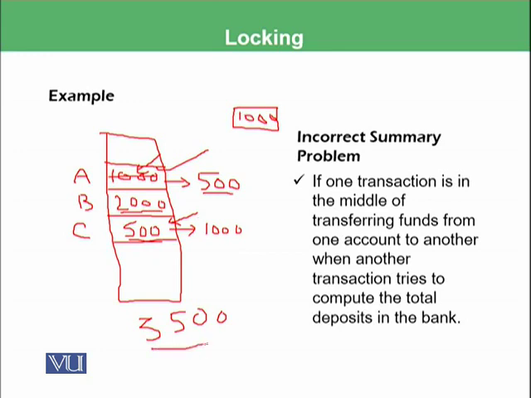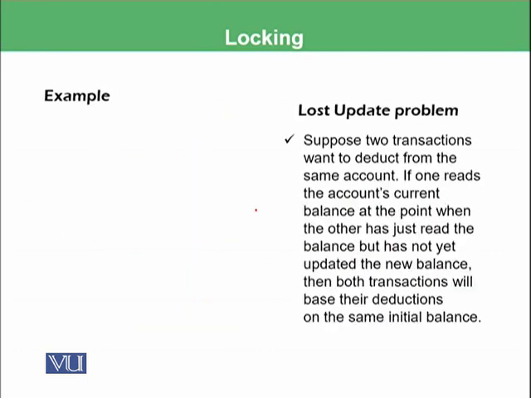It should be 3500, but the summary we are getting is 3000, because those 500 deducted from account A have not been put into account C. In the middle of transferring funds from one account to another, that transaction has asked to identify the overall summary of the accounts.